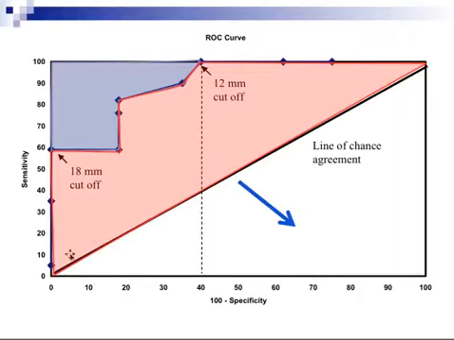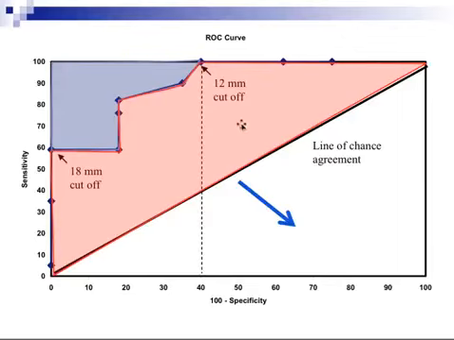And so what we can know is if we use different cutoff values, in our case we used an 18 millimeter cutoff, a 12 millimeter cutoff, and then right here would be the representation of the 14 millimeter cutoff. We could see that the line that gets drawn on all the different cutoffs we use for swelling and determining ankle fractures is a curve that pushes up into this upper left corner.